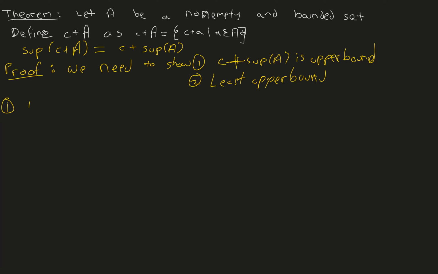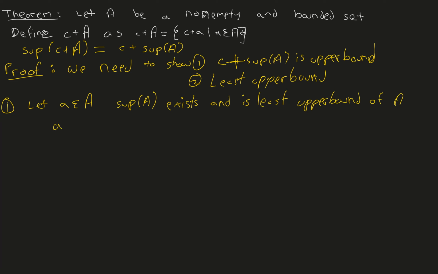So let a be elements in A, and supremum of A be the supremum of A. Supremum of A exists, and it's the least upper bound of A. So a is less than or equal to supremum of A. All elements in A are less than or equal to its supremum.